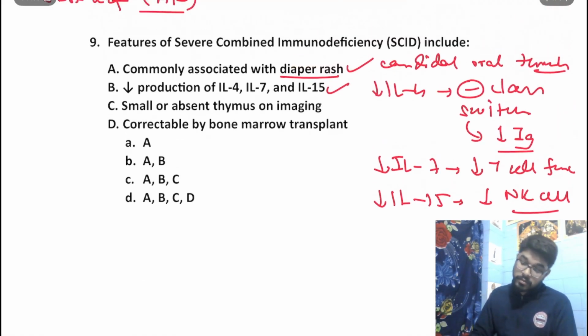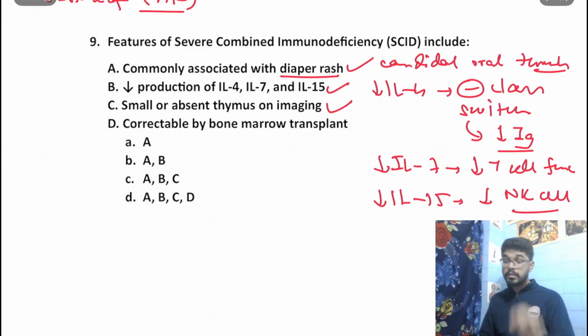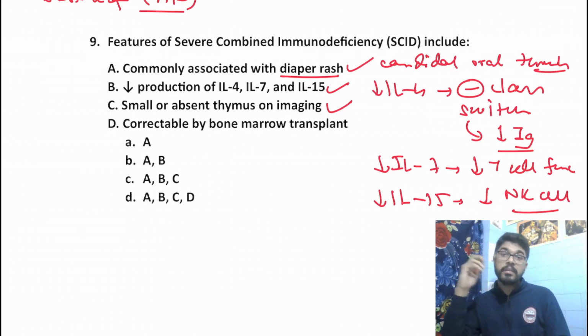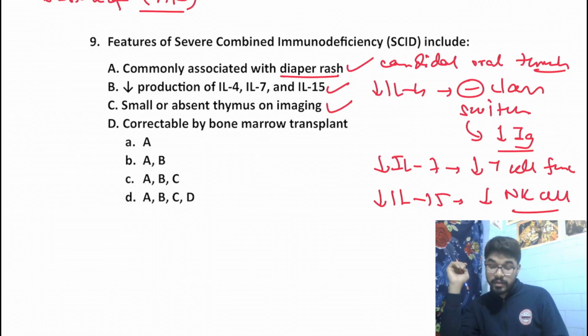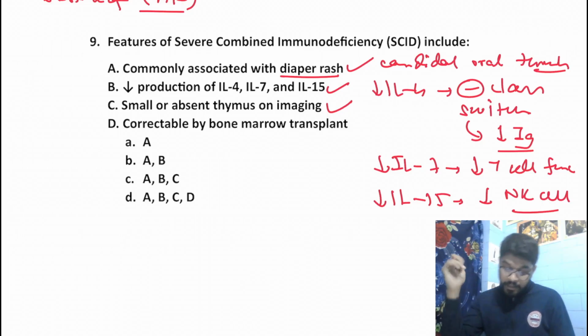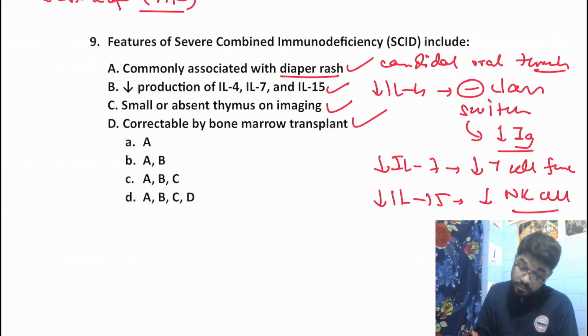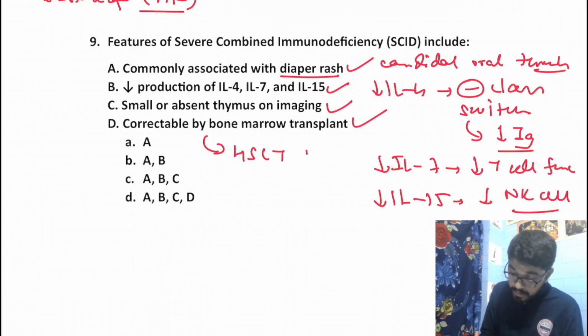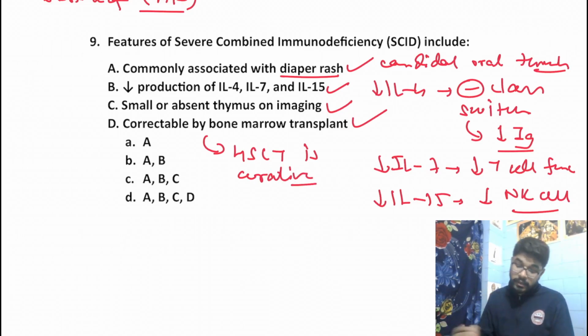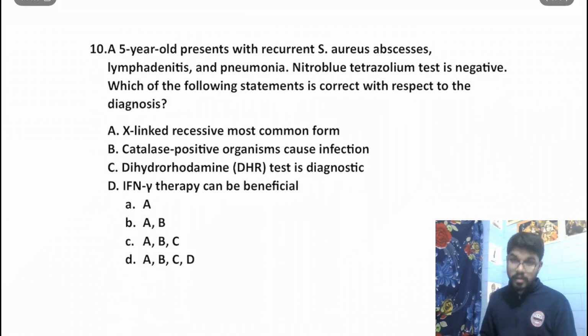Small or absent thymus on imaging, that is also a true statement, because SCID is a combined immunodeficiency where both your B and T cell lineage will be involved. We might even get an absent thymus on imaging over here. And correctable by bone marrow transplant, that's also a true statement, because hematopoietic stem cell transplantation over here is curative. So all of them are correct. Our answer should be D, A, B, C and D. Okay. Moving on to the next question.